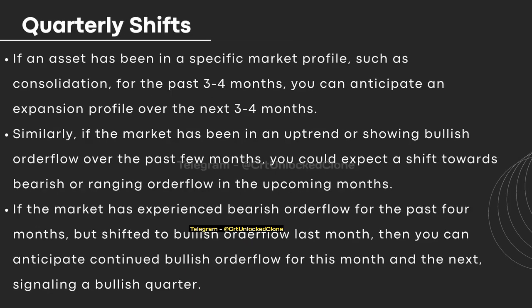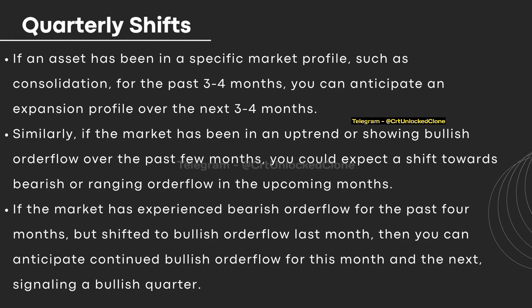So let's move on to the next slide and discuss the framework around quarterly shifts a bit more. We know that if a market has been moving in a specific market profile or a specific structural order flow for the past 3 to 4 months, then it's highly likely that that specific profile or order flow is going to end soon, and we're likely going to have a structural shift or a major shift in the market over the course of the next few weeks, right?